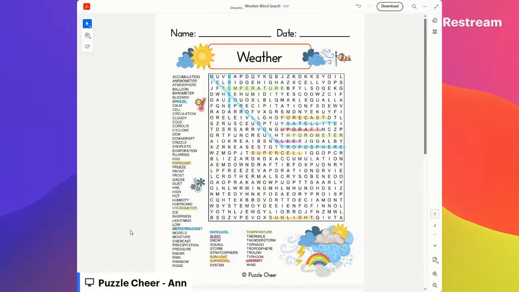Rory says ridge is horizontal, starting with the R of breeze. Awesome. Great directions. Thank you. Ridge. RIDGE. Ridge. And we'll cross that off.